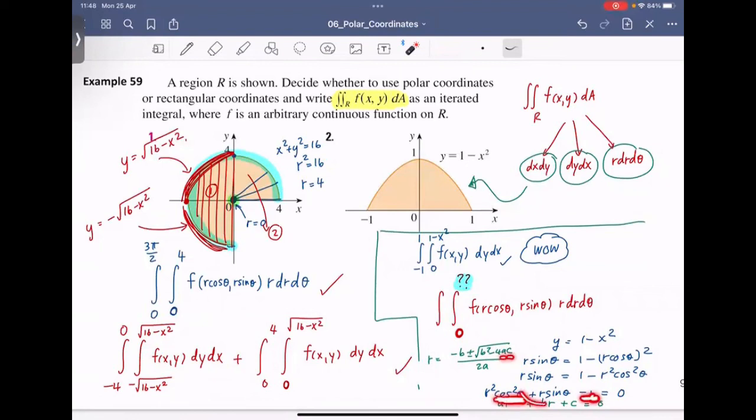And then once you plug in everything, you get r equals something, which is here, the thing that I crossed out. And your theta is not that hard. It's going to start from 0, right? Theta equals 0, and then you keep going until theta equals pi. So the outside one is not hard, it's 0 to pi.